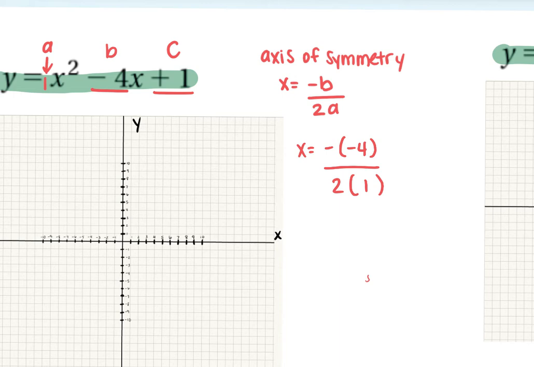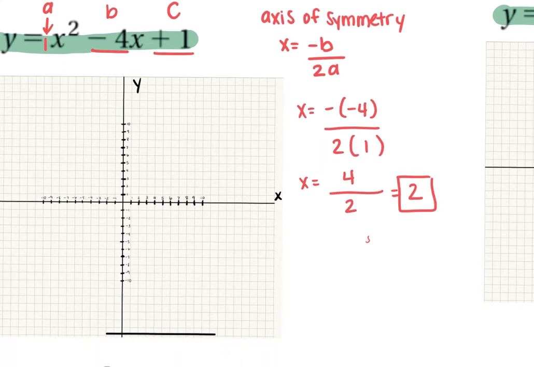Now we just solve it. x equals, what's -(-4)? +4. And what's 2 times 1? 2. What's 4 divided by 2, Nicole? Just 2.